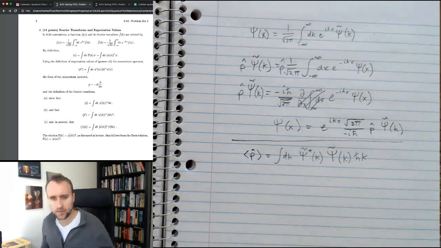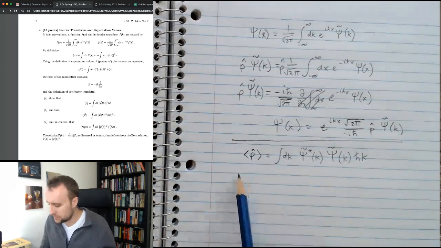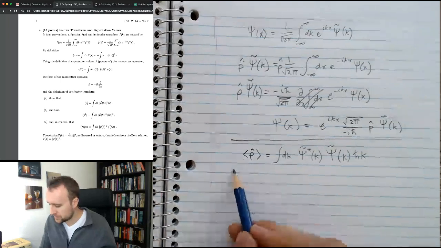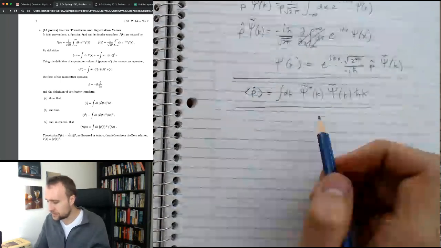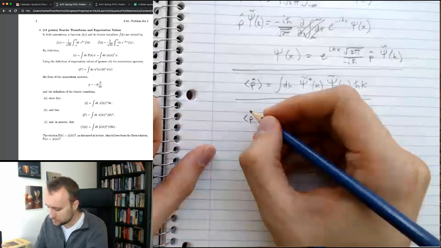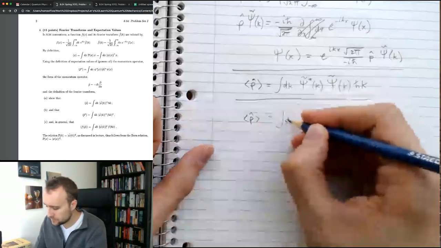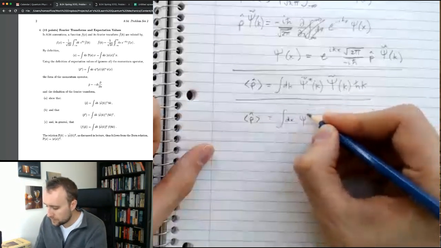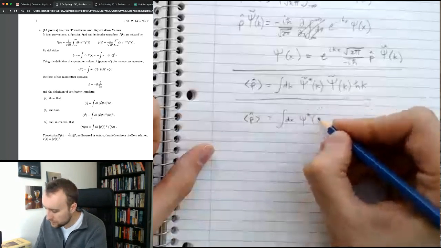So let's go from the expectation value of the momentum again. This is what we were trying to show, but let's just put that aside right now, and let's try to go to this formula just for the one-dimensional case. dx psi star of x.